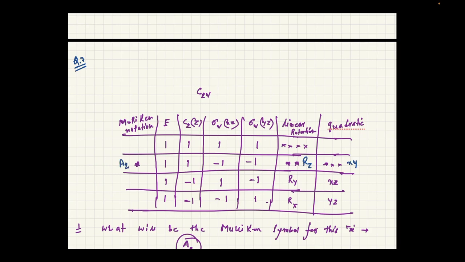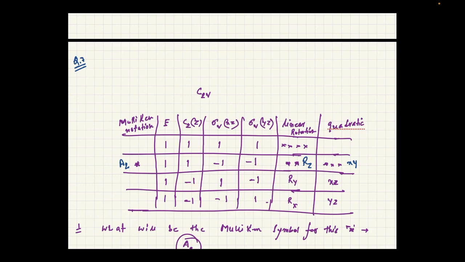Then we have to find this. Now this is the identity element, character 1. This is the totally symmetric representation. Identity element character 1, C2 z character 1, sigma v xz character 1, sigma v yz character 1. Now for the linear rotation, Rx, Ry, Rz can act as a basis, or x, y, z can act as a basis. Okay, x, y, z means linear there.